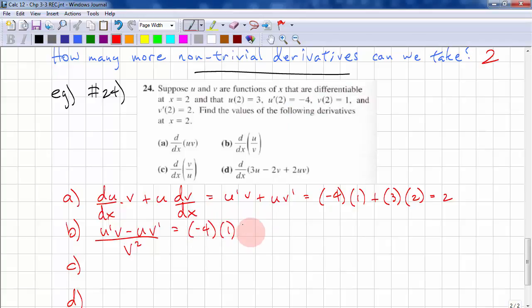If you look it up, you're less likely to make a mistake. U, that's 3. V prime, that's 2. And it's v squared, so we have to take 1 squared. And we have -4 and -6, so that's -10.